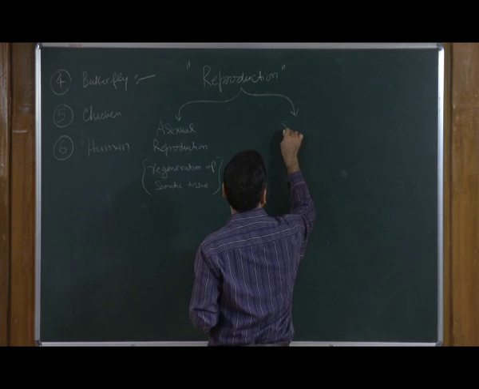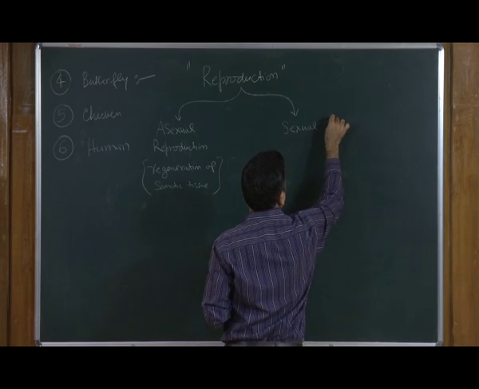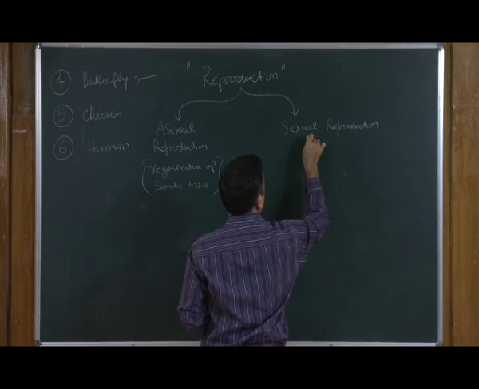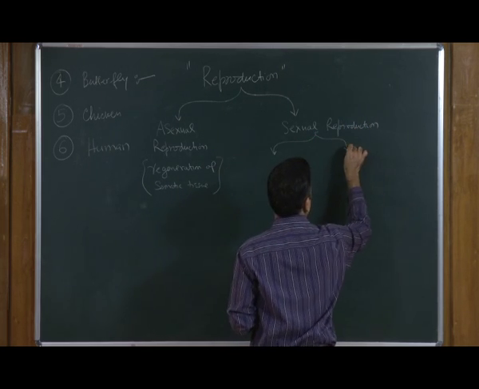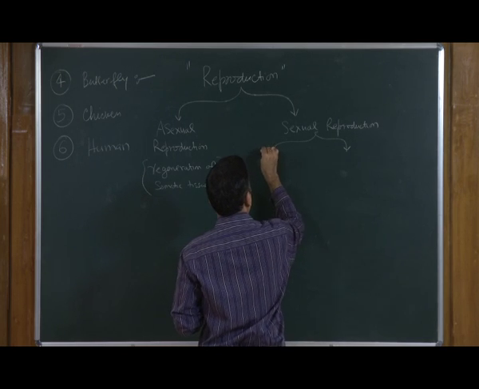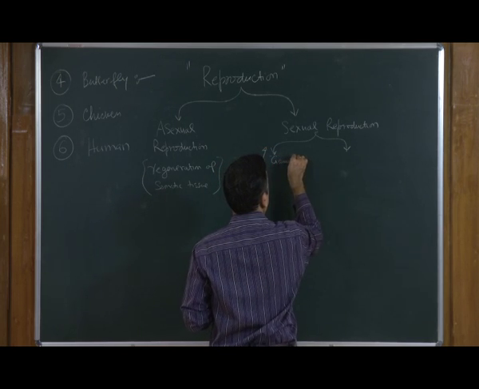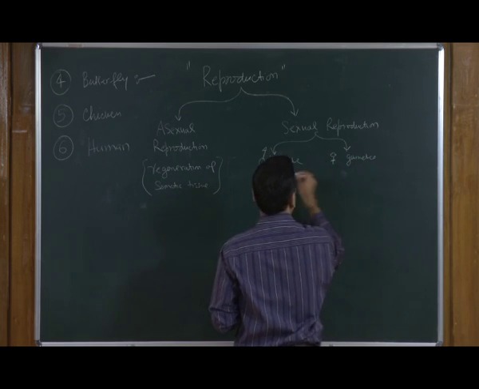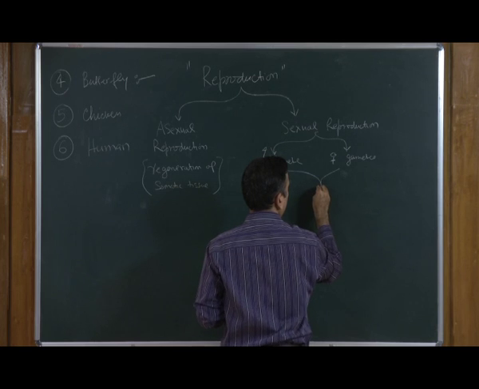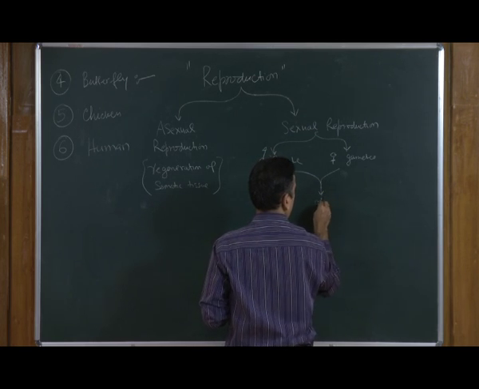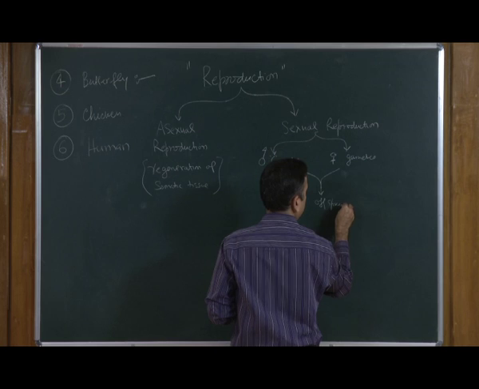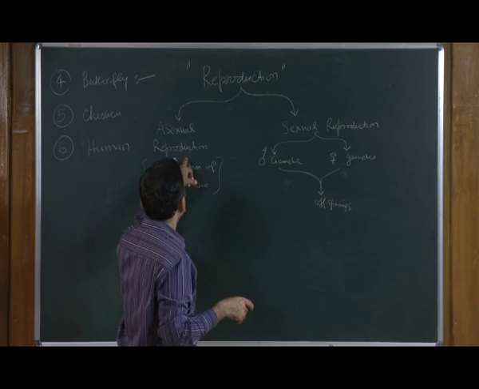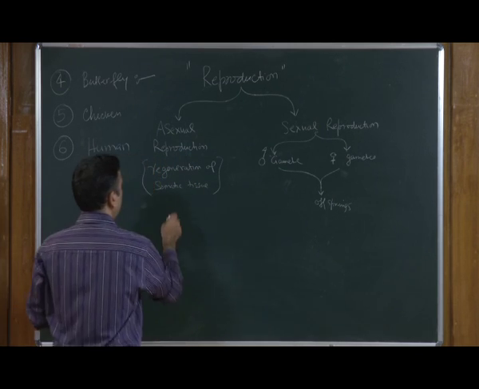Similarly, you can have sexual reproduction, which means it is going to form the male gametes and the female gametes, and that will participate in the reproduction to form the offspring. Okay.